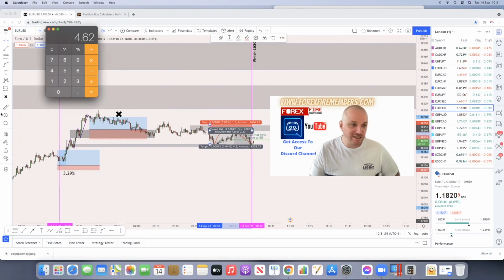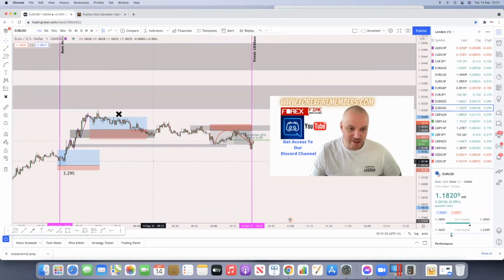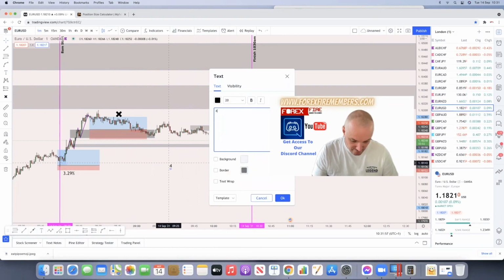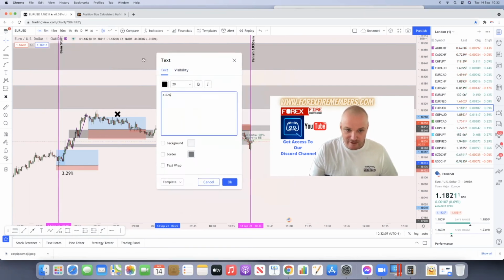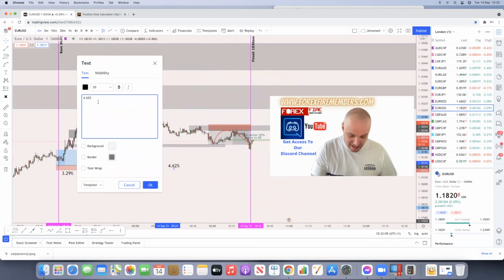Okay, that has been a trading session today of 4.62 profit percent growth.